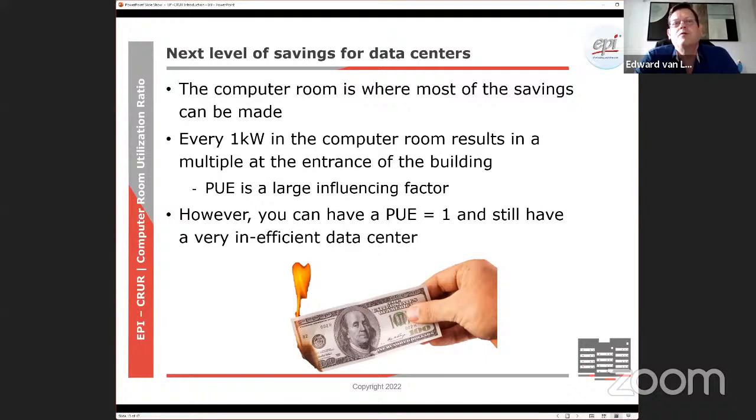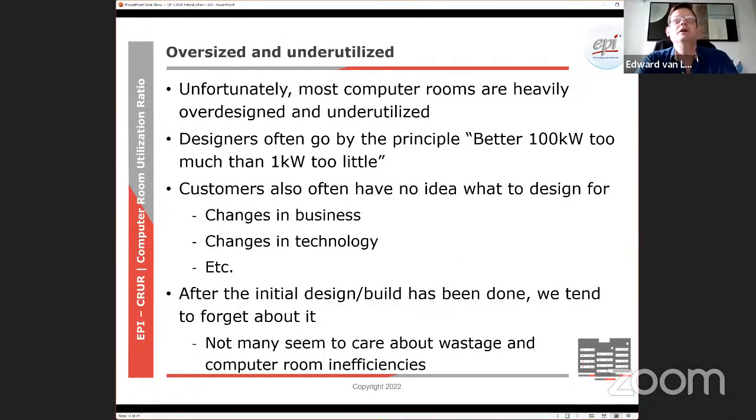That's where PUE came from, right? So if we have a PUE of 2, that means that if we add 1 kilowatt to the computer room floor, by right, there will be 2 kilowatts coming into the data center building. So ideally, we would love to have a PUE of 1, but it still doesn't mean that the data center is efficient. The bad news is that computer rooms are typically over-designed and underutilized. And that is for a number of reasons.